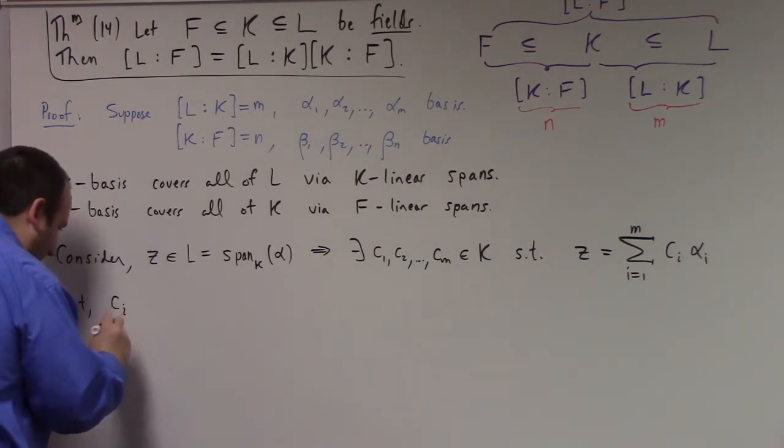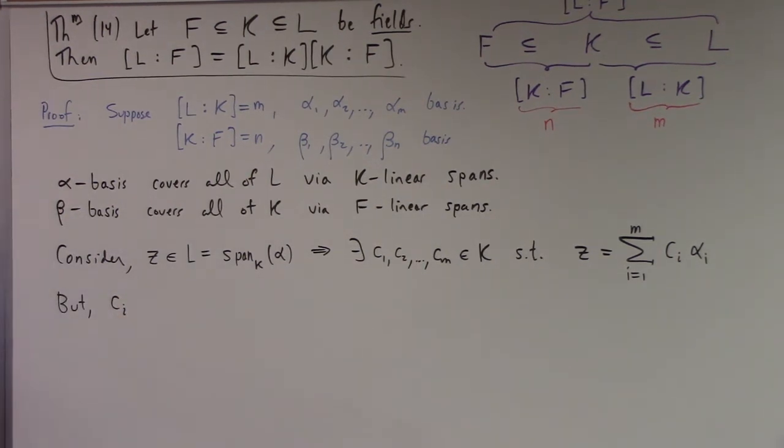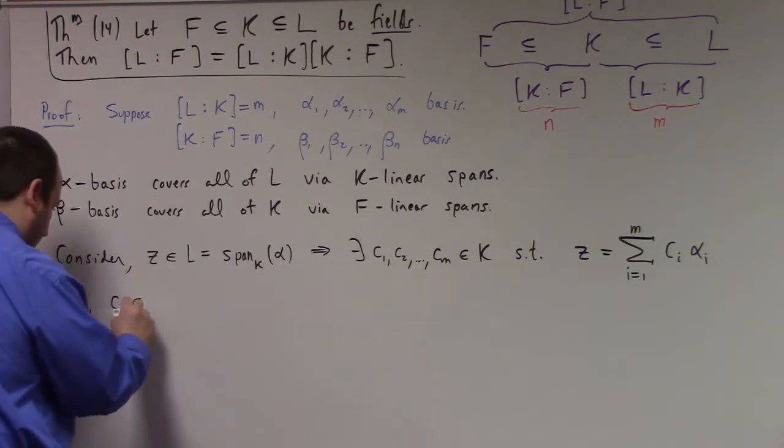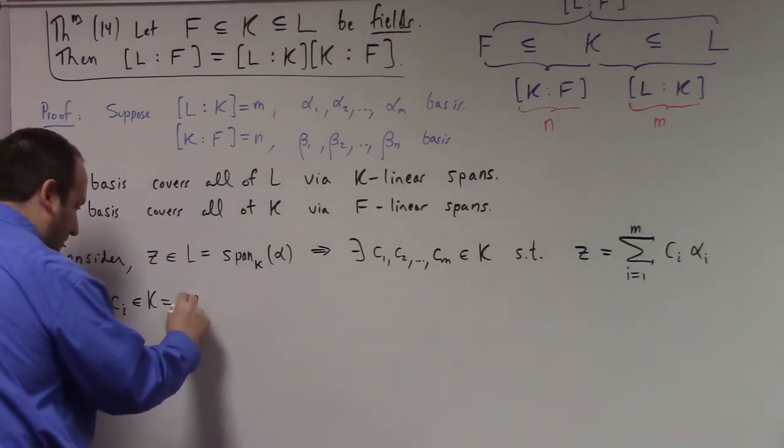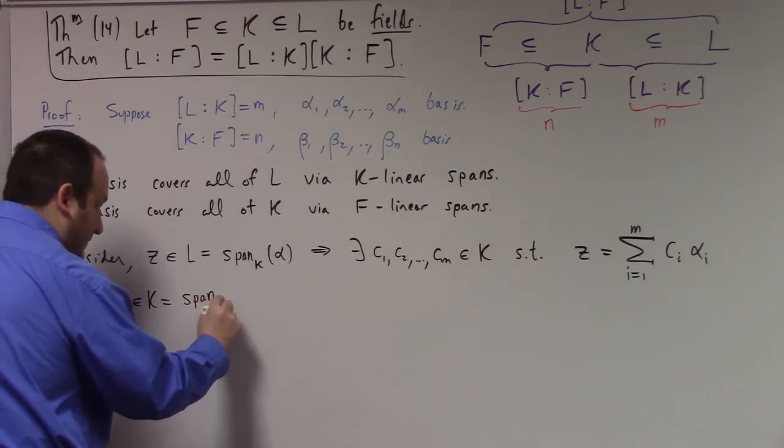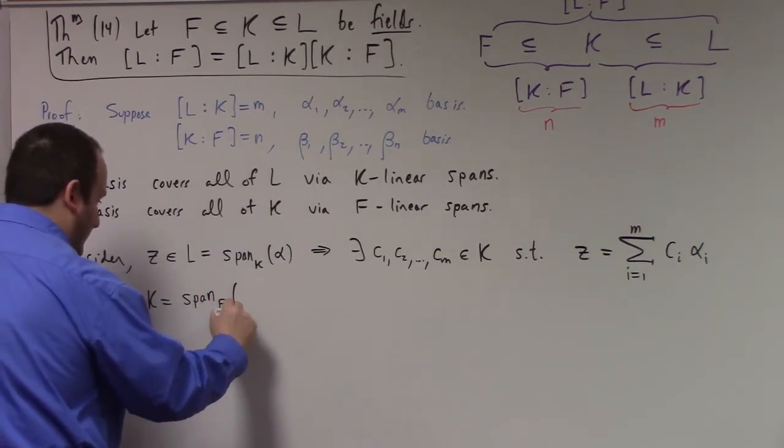Let's see, your C sub I. But C sub I is an element of what? Well, it's an element of K, right? Which is equal to the span sub F of the beta basis.